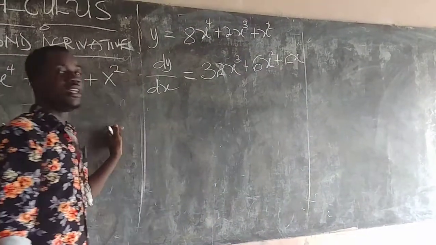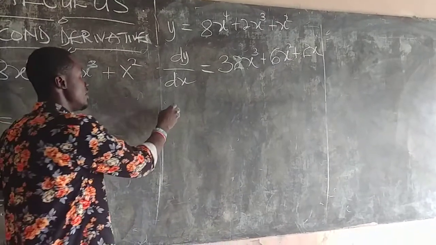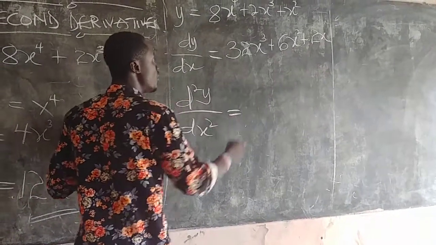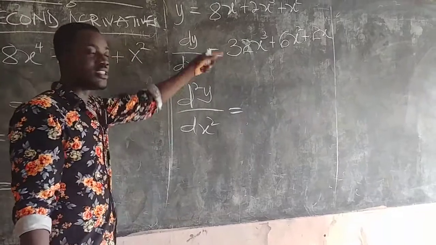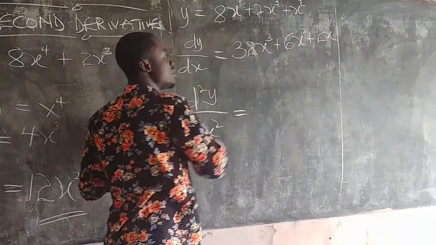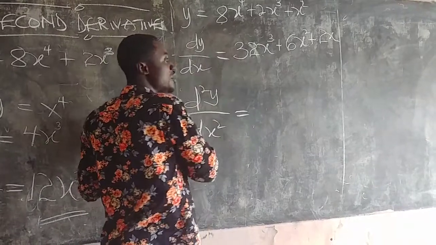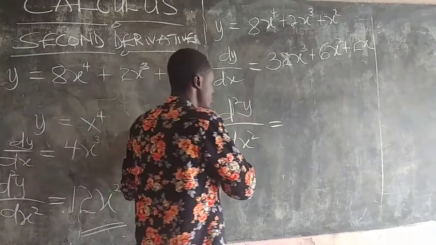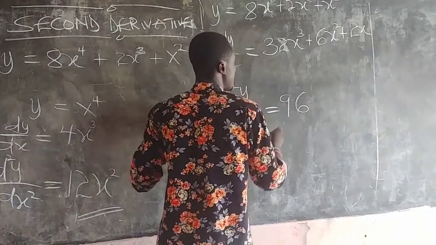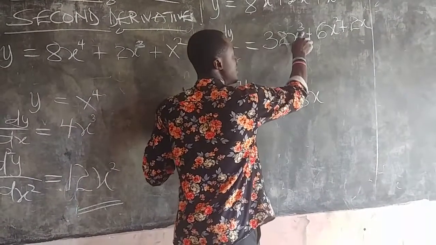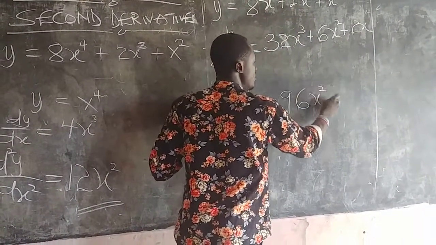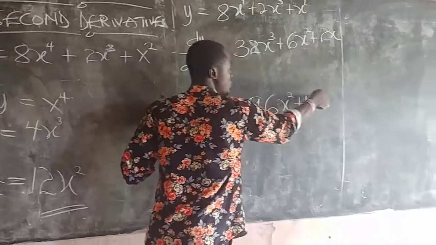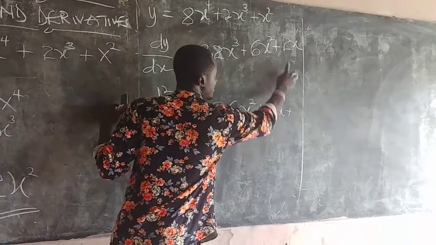Now, let's go to our second derivative. Then you have d squared y over dx squared will be equal to, let's start differentiating this one again. 3 times 32, you take your calculator, 32 times 3, this one will be 96. x exponent 3 will become exponent 2, plus 2 times 6 will give us 12. x exponent 1 is the same as x, plus 2x.